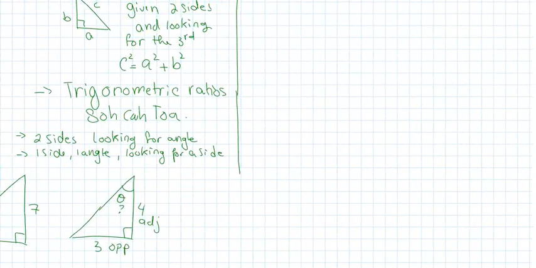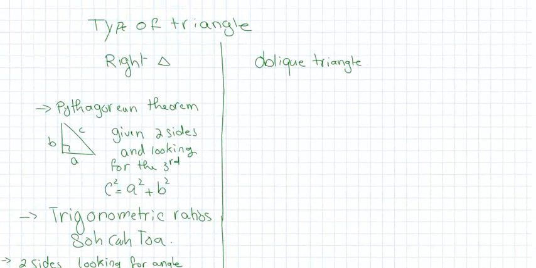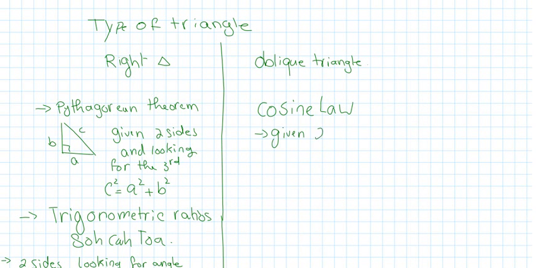I'm going to start with the cosine law because it's easier to identify. Okay? So with the cosine law, you must be given two sides and the contained angle.